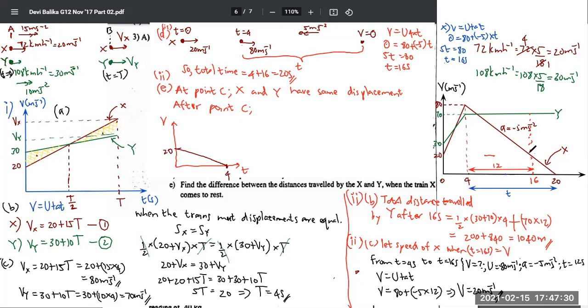I'm starting from this point where Y passed X. So after 16 seconds, what's happening? X is decelerating for another 4 seconds. And what about Y? It is moving at a constant velocity of 70 for another 4 seconds. So this is after point C. Keep that in mind.